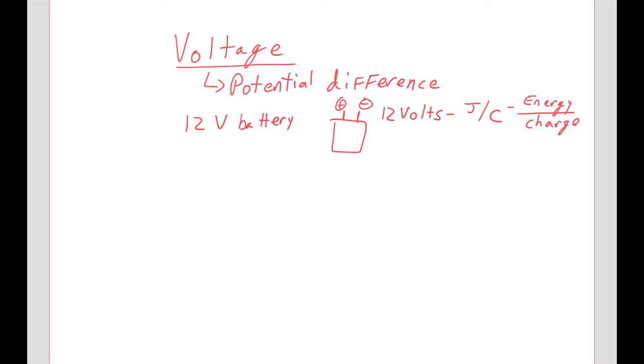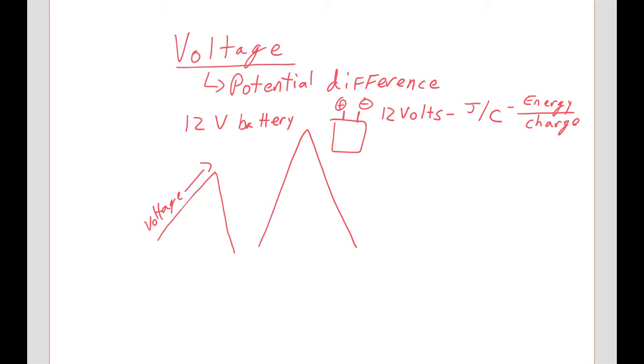Conceptually, for voltage, it kind of tells you how tall is the hill. So think about our potential energy. Remember, as you go up a hill, your potential energy increases. Same thing with voltage.